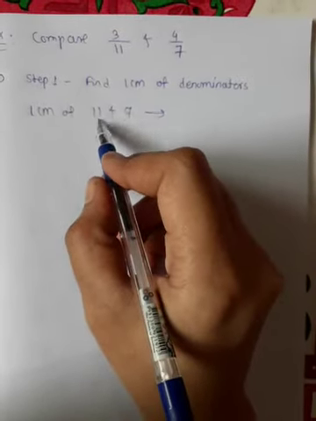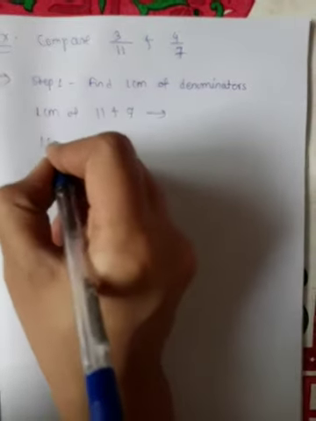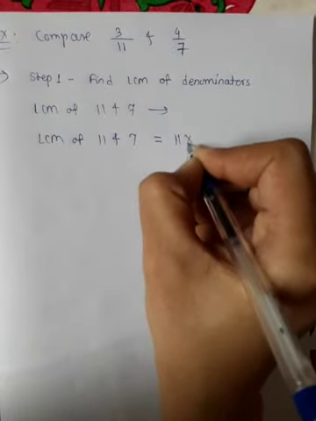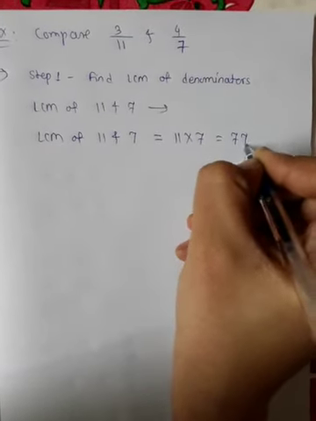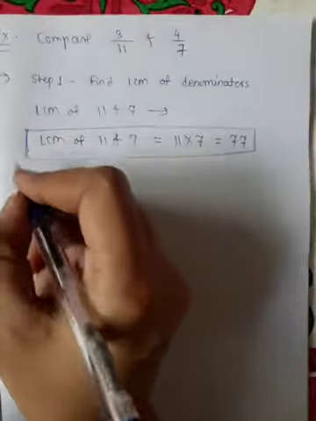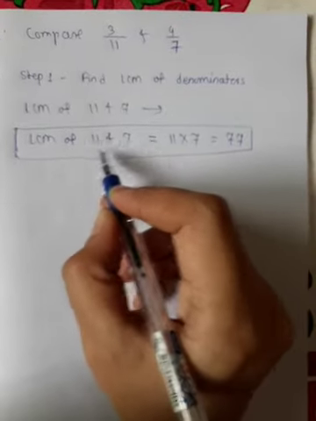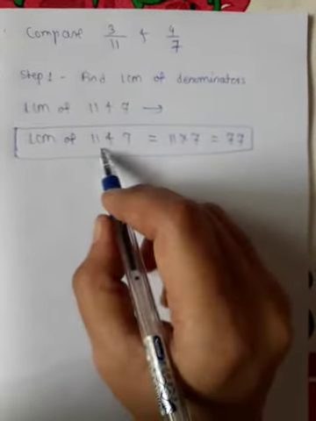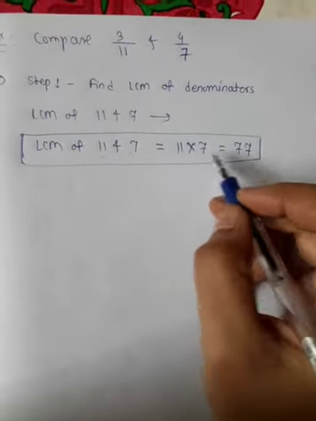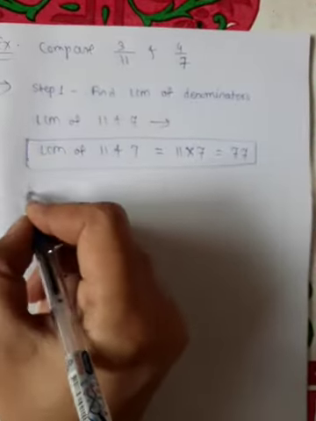So the LCM of 11 and 7 is 11 into 7, which is equal to 77. Here we have used the property of LCM: if two numbers are co-prime, then their LCM is their product. So the LCM of 11 and 7 is 77.